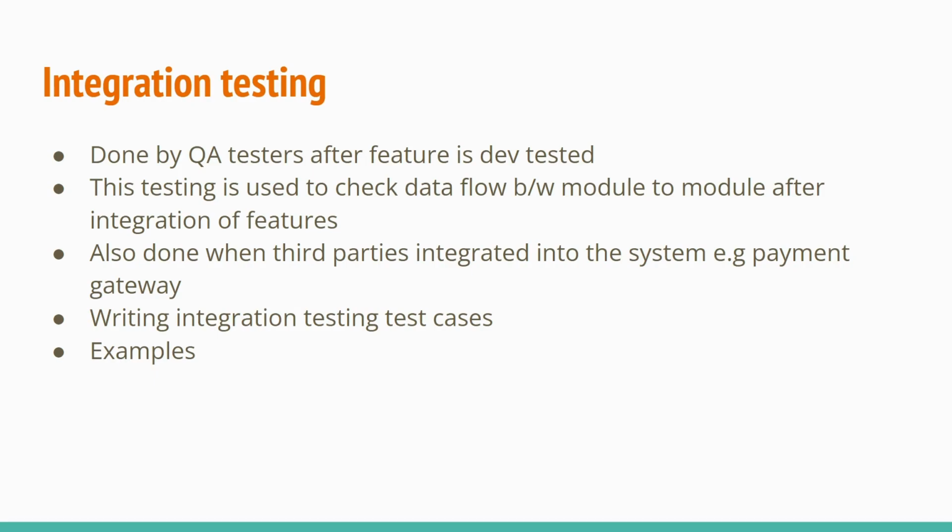There we can use a payment gateway system integrated in our account so that we can receive online orders. So this is a type of integration. So in such cases, data flow happens in the backend, and we have to verify all these things. This is known as integration testing. Okay.